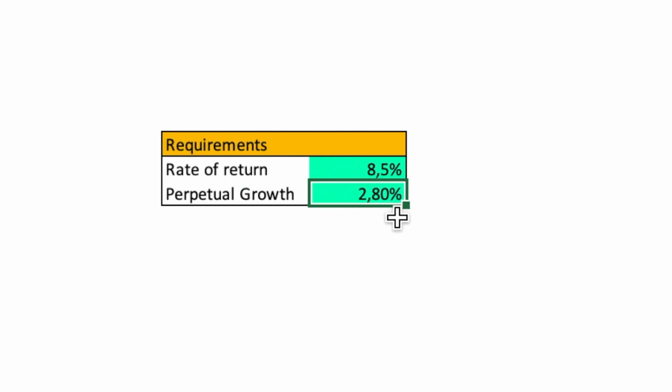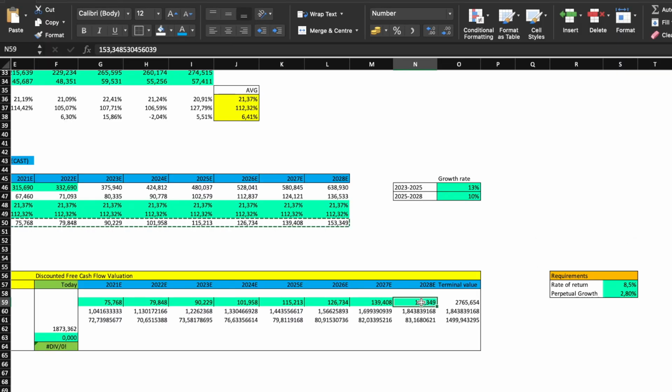Because you have the perpetual growth, which usually I put 2.8, especially in the US, which is the growth rate of the economy of the US on average. After 2028, if you put that, you assume that Apple is going to continue to grow at 2.8% forever.